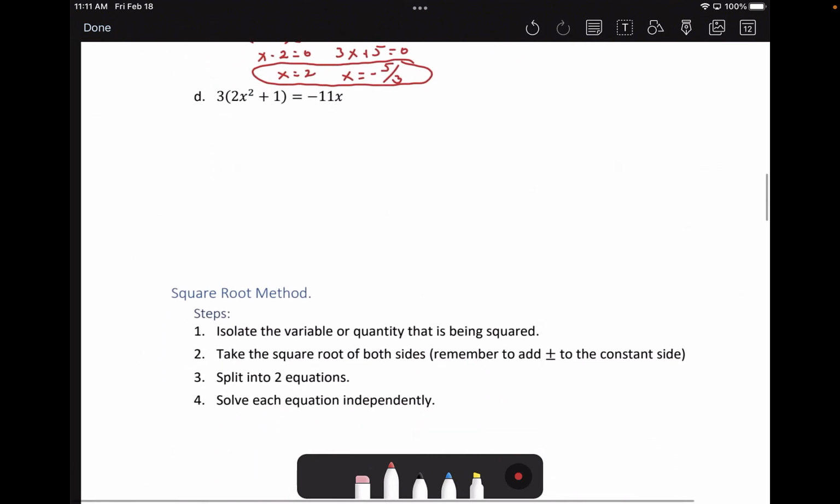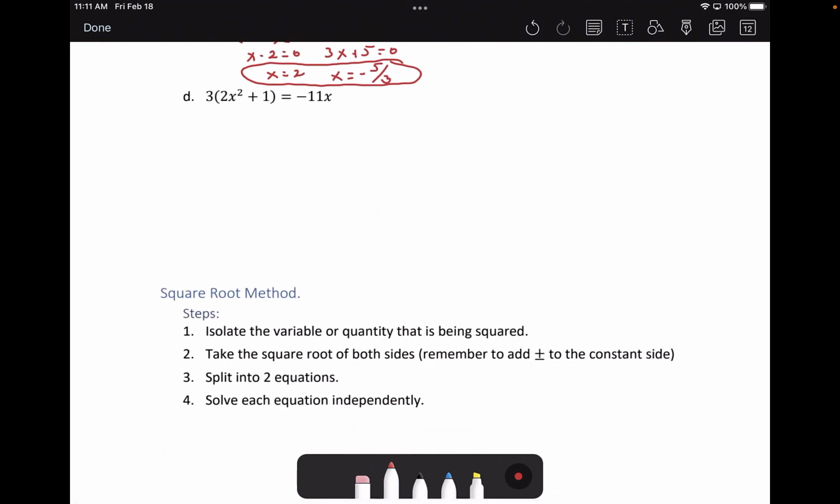In the next example, we have a little bit of extra work to get it to standard form. We need to distribute first. And now we'll set it equal to 0 by adding that 11x over. So we get 6x squared plus 11x plus 3 equals 0.